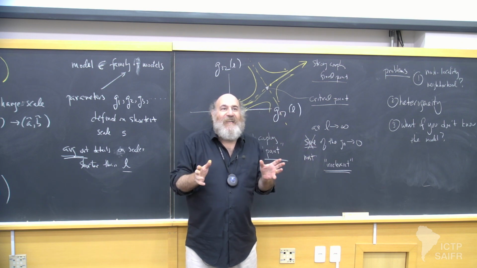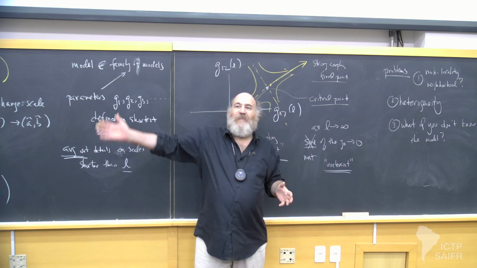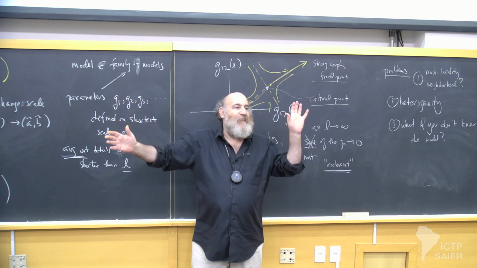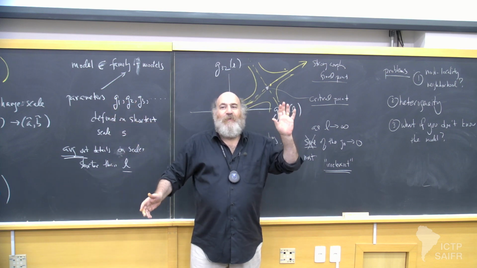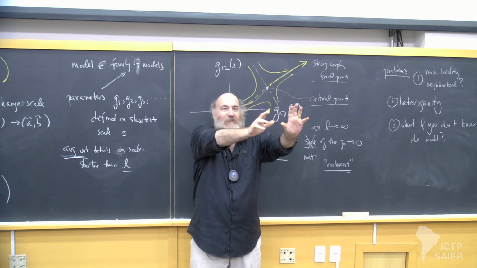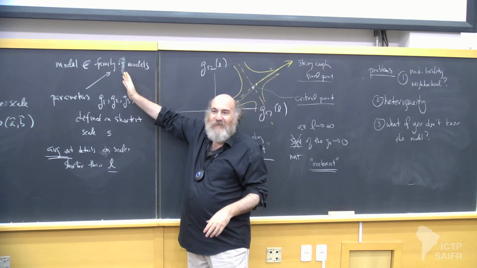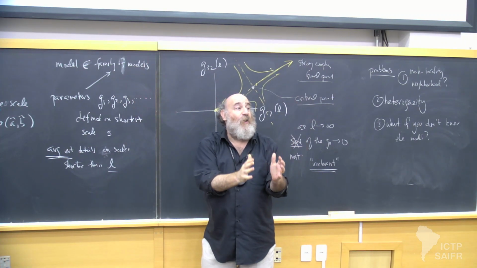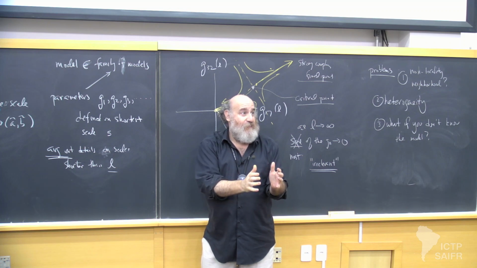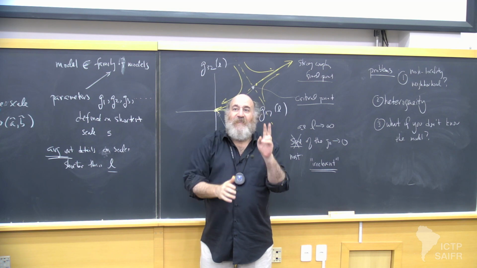And then I understand that if I'm trying to describe things on a large scale, I don't need to hold on to the irrelevant terms. I only keep the relevant terms. There aren't too many of them, and so I know what model I should write down, or more precisely, from the family of models that I started with, I can collapse to a much smaller family of models. By the way, that collapse means two things, right?